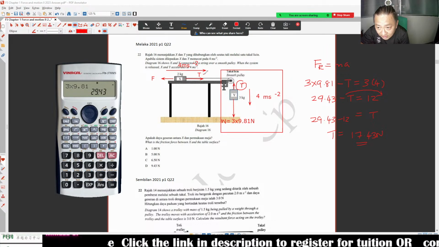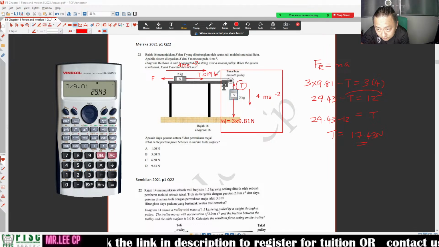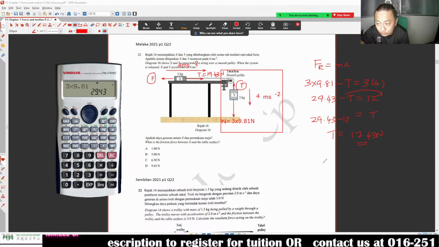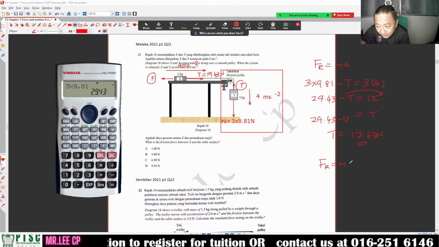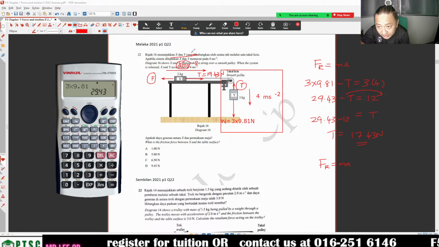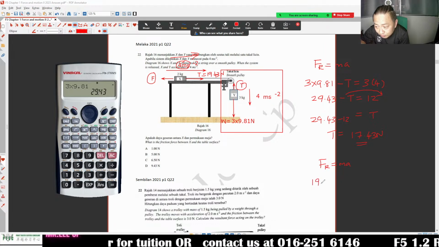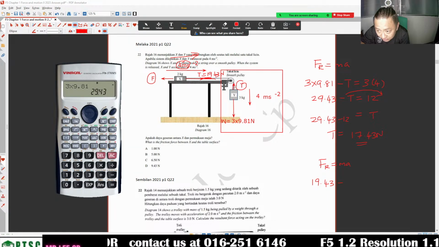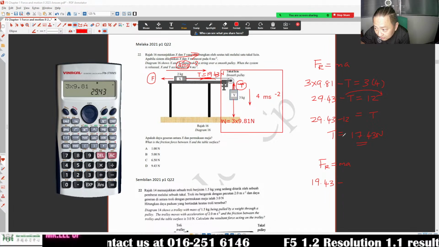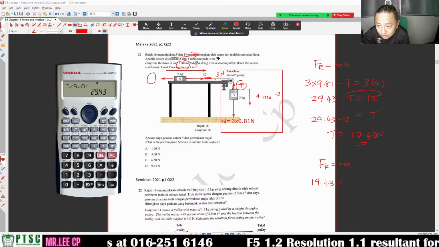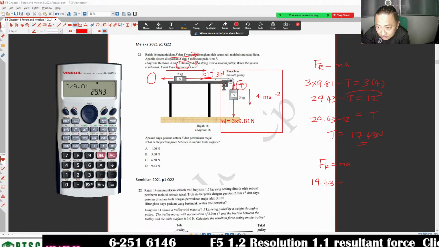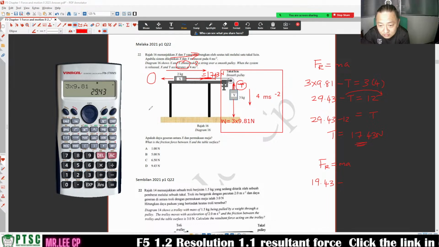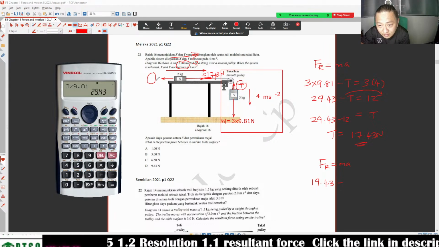No, where did I get 19.43? It is 17.43. So T is 17.43. Now I want to do F equals MA, because this one moves to the right-hand side. So 17.43 minus the friction force.